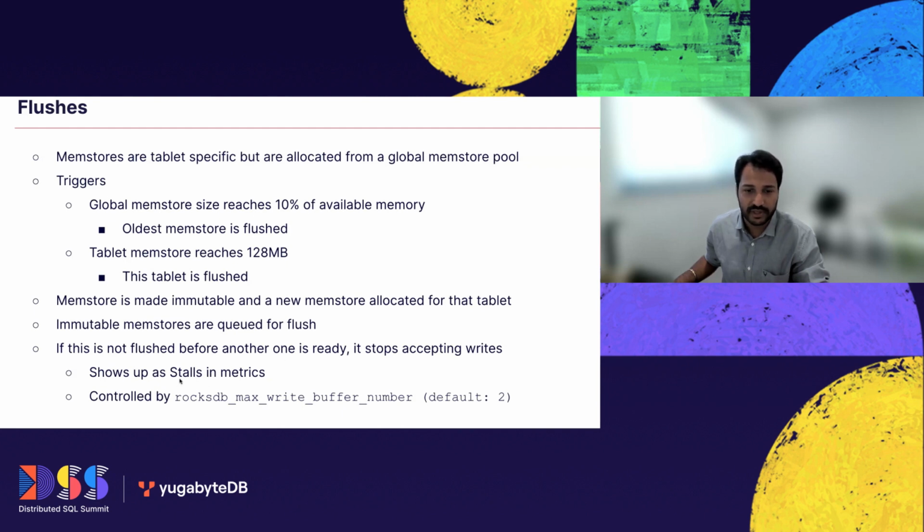This shows up as stalls in the metrics and can be controlled by a configuration flag where the default is 2, so we can only have two memstores that are not flushed. Now, for use cases that are very write heavy and you need more incoming data, you can tune this, and all of this can be configured depending on the use case.